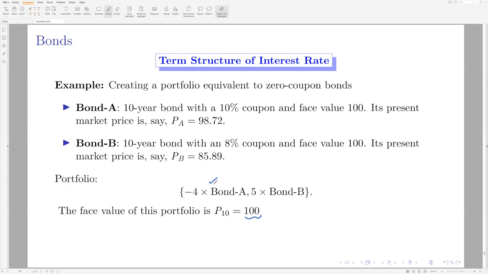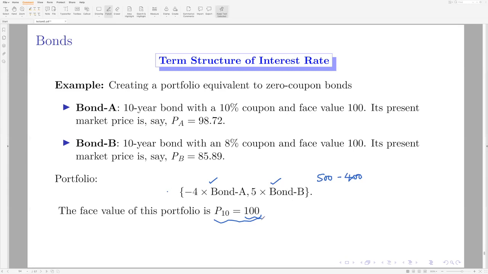So you will pay 400 and buy back what you sold at the maturity, or any time that you want to close this position, you have to buy it back. And whenever you want to close the position in bond B, you have to sell it. Thereby you will get 500 rupees from bond B and 400 rupees will go from you from bond A. Therefore, the face value of your portfolio is 100 rupees.